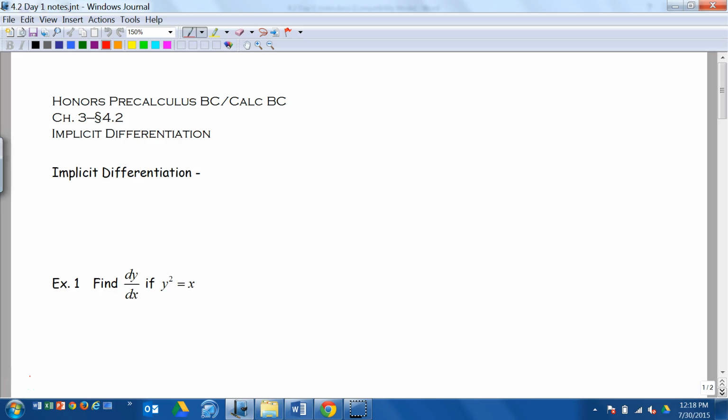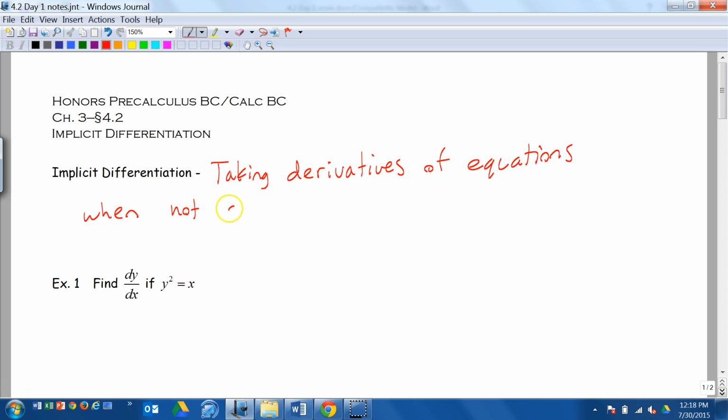Alright, the second section in Chapter 4 of the calc book is implicit differentiation, which is basically taking derivatives of equations when they're not set up as y equals.